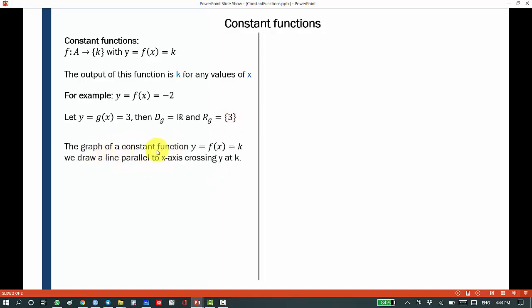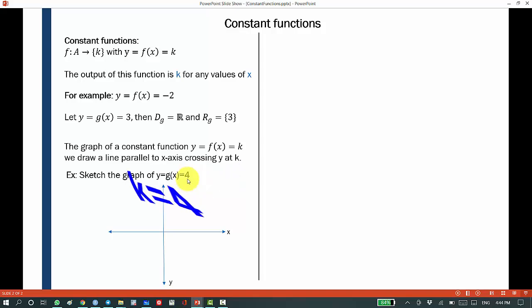The graph of a constant function y = f(x) = k is a line parallel to the x-axis crossing the y-axis at k. For example, if we want to sketch the graph of y = g(x) = 4, we consider xy coordinates and then draw a line parallel to the x-axis which crosses y at 4.